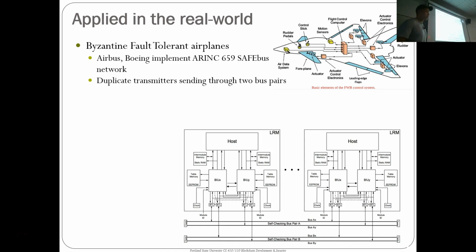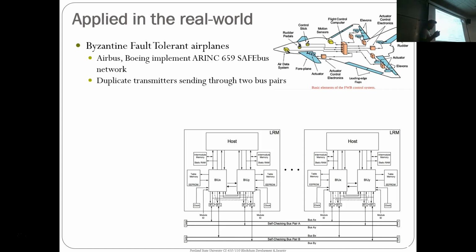Okay. So this is applied to the real world. Byzantine fault tolerance is everywhere in terms of physical systems, computing systems. This is an example of the Airbus. And the Airbus uses redundancies. So in an Airbus, you need basically 4 copies of every message and of all the buses in order for you to commit a certain piece of state into the control system.